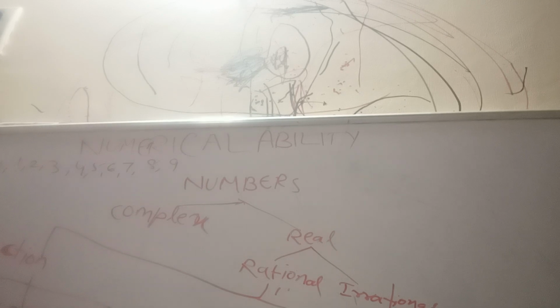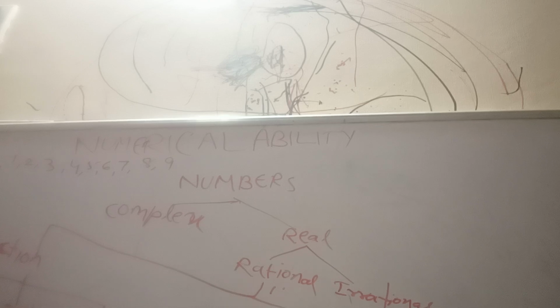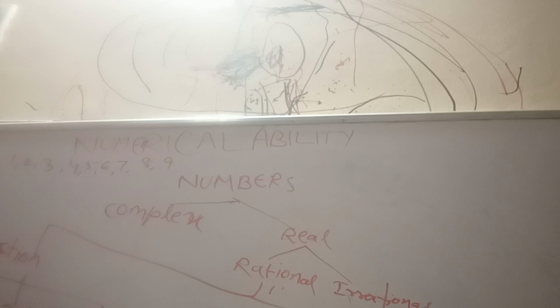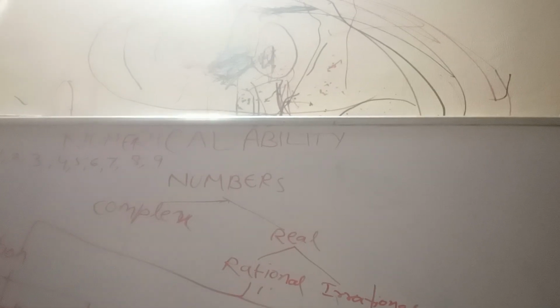One is even, odd, prime, co-prime, composite, perfect. Now let's know about them in detail.